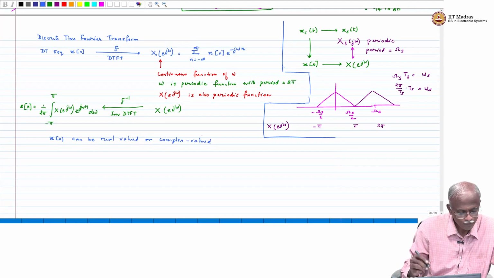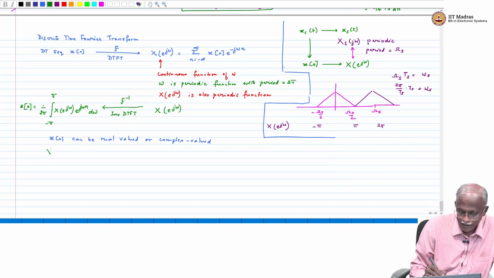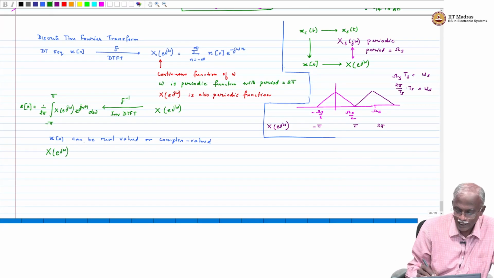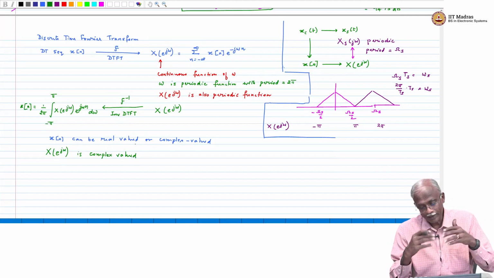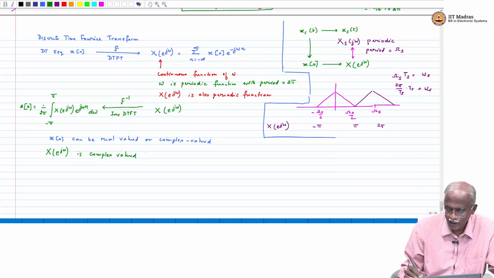Regardless of whether x of n is real valued or complex valued, what can you tell me about Xe of j omega? Basically, it is a combination of complex exponentials. So, Xe of j omega is complex valued in general. Okay, under very unique cases, you will find that Xe of j omega is real valued, but most of the time, in general, this is the case.